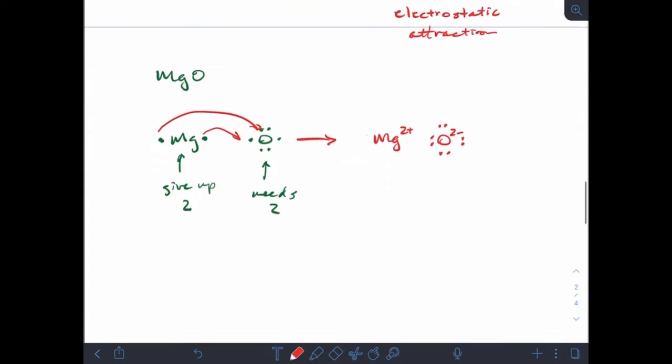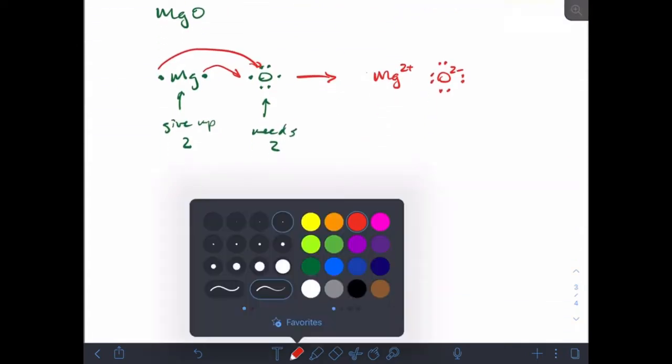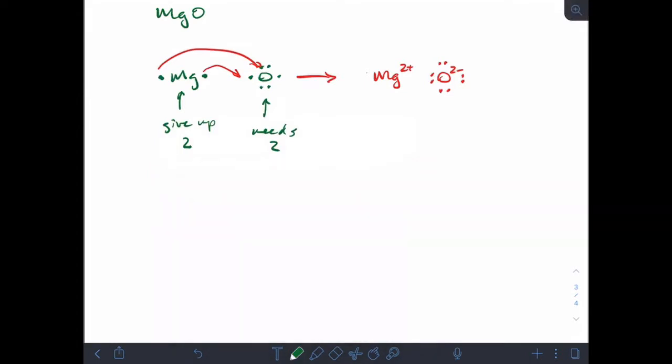Now, in reality, electron transfer takes a lot of steps. First we have to sublimate everything so that we have gaseous elements, and then we have to atomize things so we have individual atoms, and then we have to ionize things, so we have to remove an electron, which takes energy.